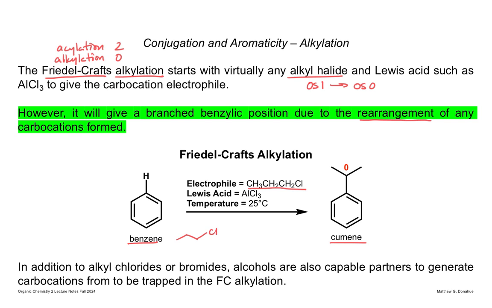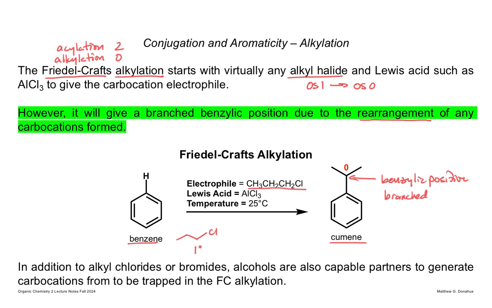We're starting with this 3-carbon chloride, chloropropane, and so this is a primary alkyl chloride. But then look at the benzylic position. We see that it's branched, meaning that coming off that benzylic carbon, we have a carbon and a carbon. It's no longer 2 hydrogens.